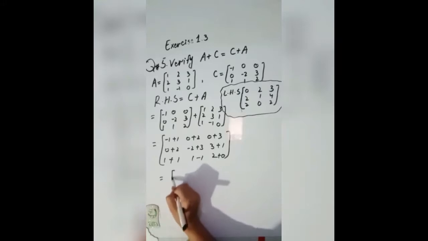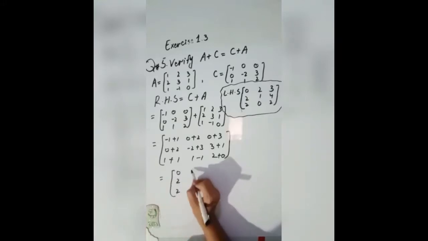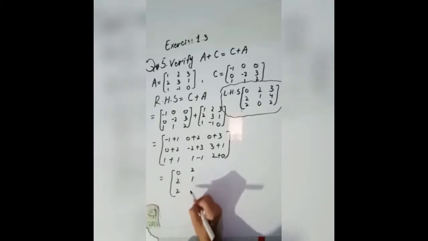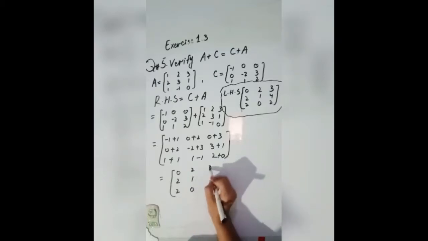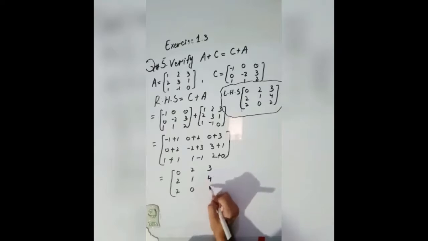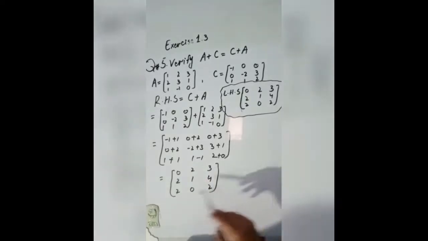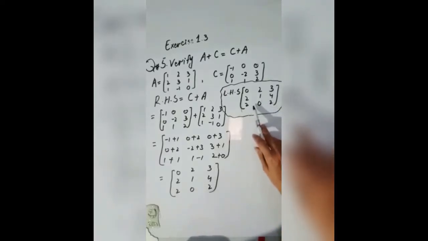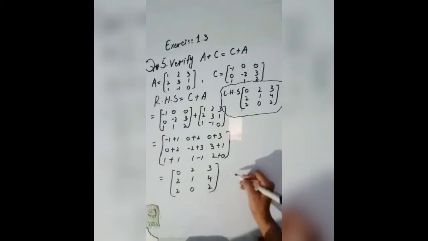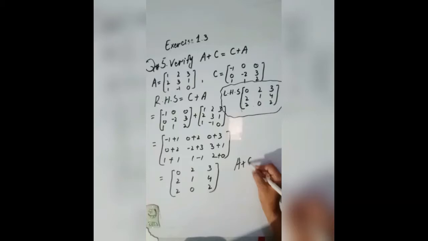What we got? 0 2 2 2 1 0 3 4 2. We can see right hand side is equal to left hand side. So we have proved that A + C is equal to C + A.